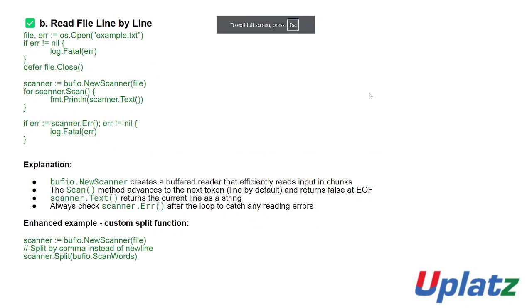Go to the next one. B. Read file line by line. file, err := os.Open, not ReadFile, just Open, "example.txt". If err is not equal to nil, then log.Fatal(err).